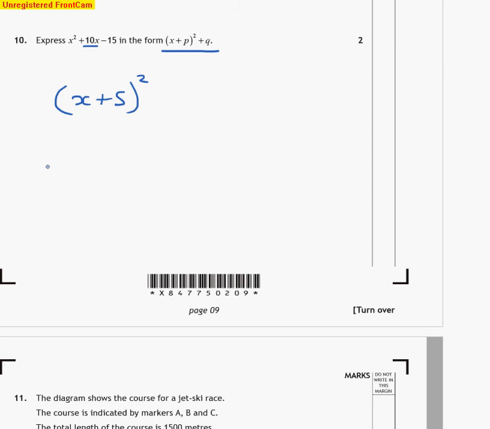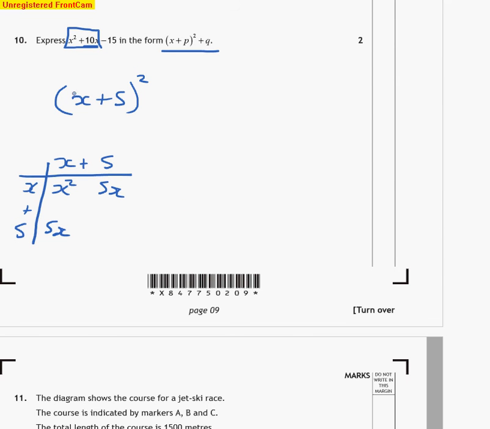The second move, some people instinctively know what to do. I like to just double check. So if I did (x + 5) squared, this is what we'd get. I'd get x squared, I'd get 5x, I'd get 5x, which gives me 10x. So that is now that part of the equation.